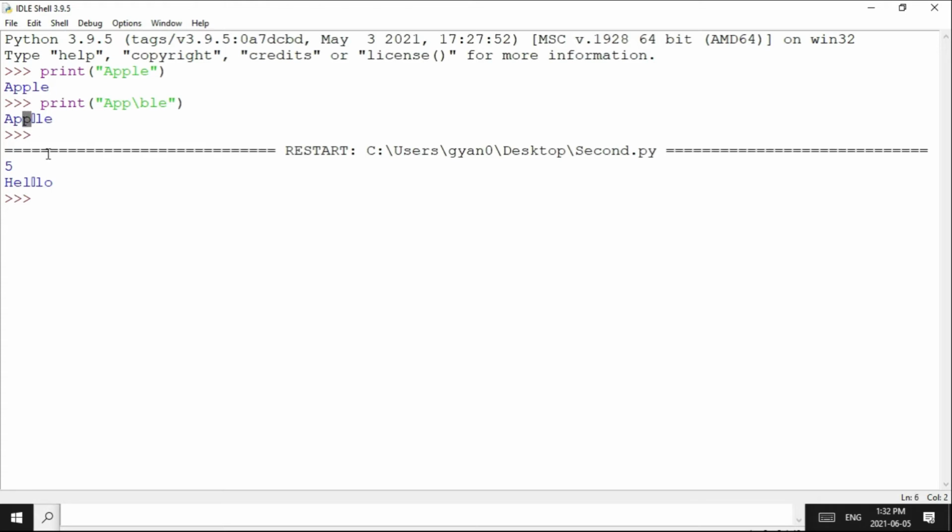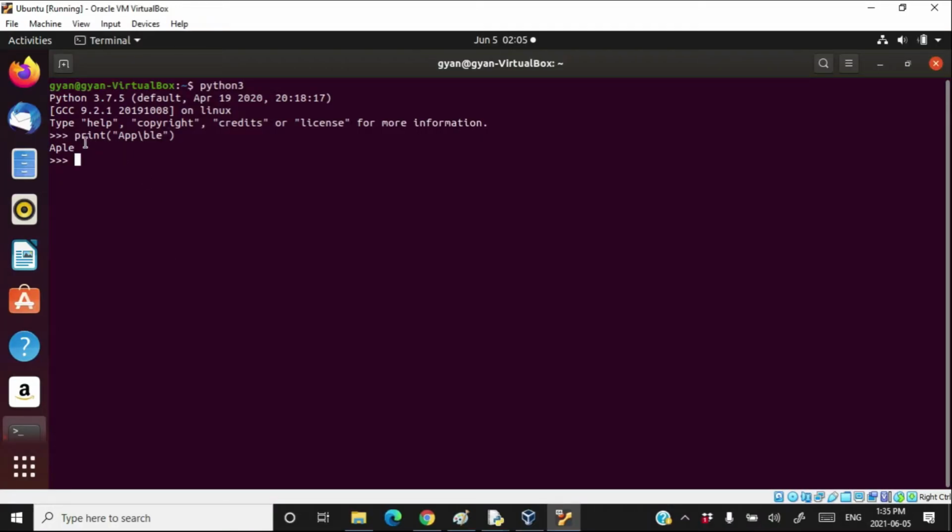Maybe if you are using the same thing on some other terminal, then the previous character may get erased. I am here on Linux, and on the Linux terminal you can see that it has shown the erased character. It depends on terminal to terminal whether the effect of backslash b, that means the backspace, will be printed or not.